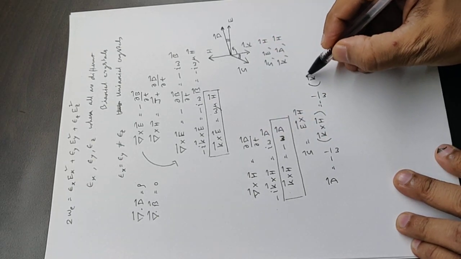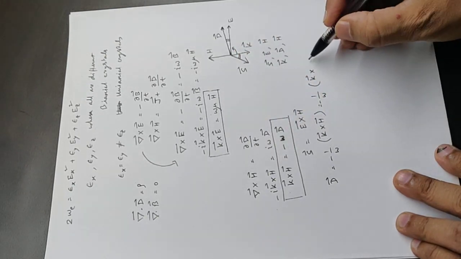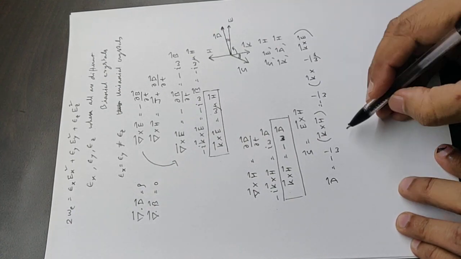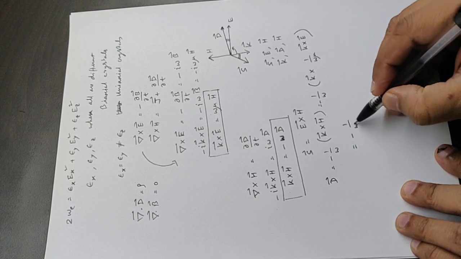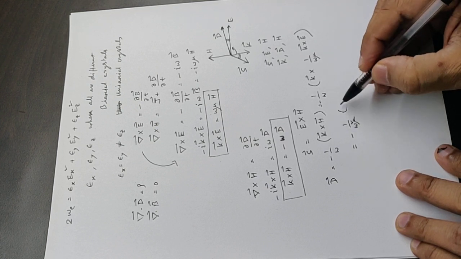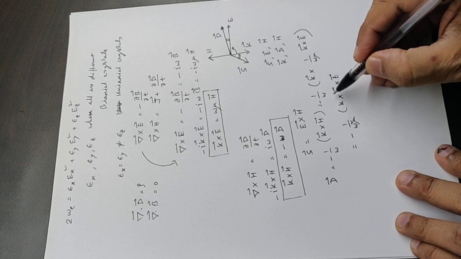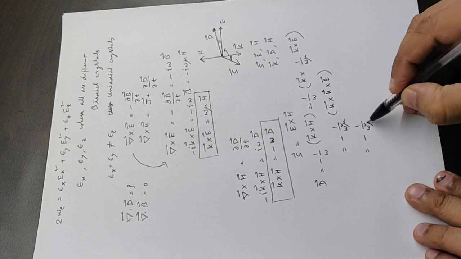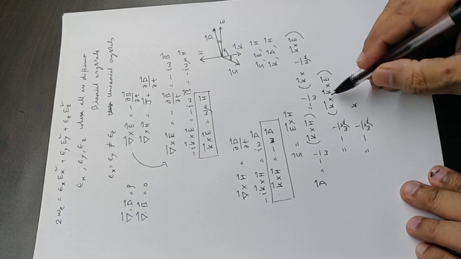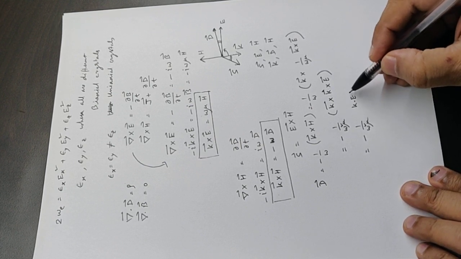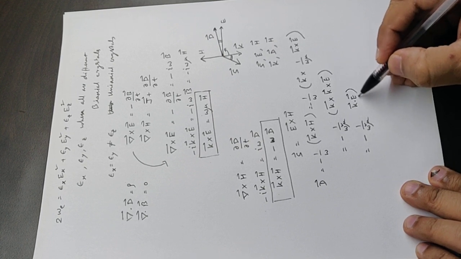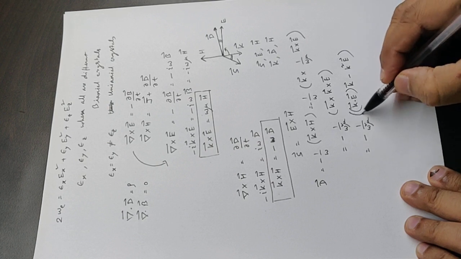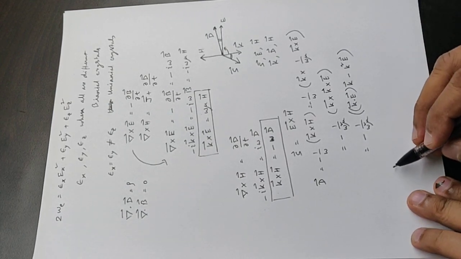So K cross H is 1 by omega mu, and then K cross E, which means minus 1 by omega square mu, and then K cross E. This can be written, from vector algebra, as K dot E with K minus K dot K with E. Okay, so D is equal to this much.